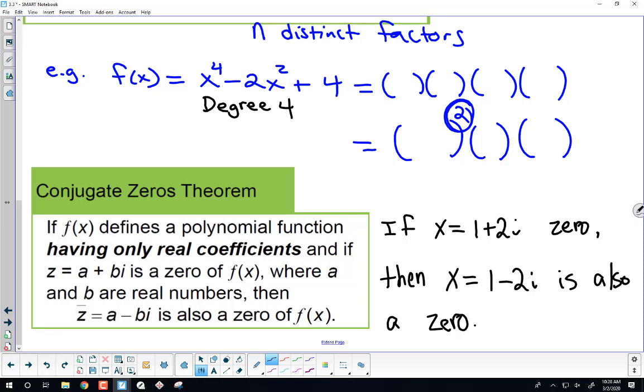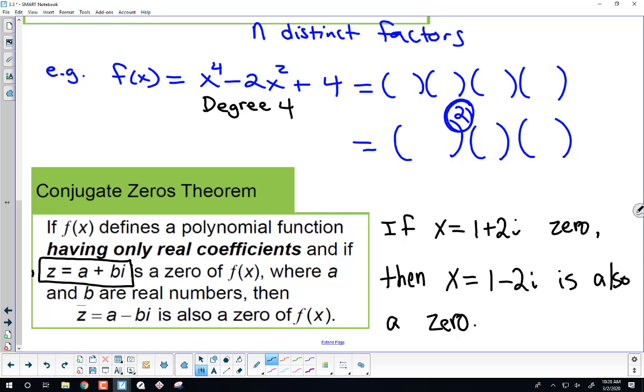So complex numbers as zeros show up in conjugate pairs, which again is just another check. If you say 1 plus 2i is a zero and then you're done with that, it's only half the story. 1 plus 2i is a zero, so you automatically get 1 minus 2i as the other zero. Total is 6 plus 2i, and 6 minus 2i would be?